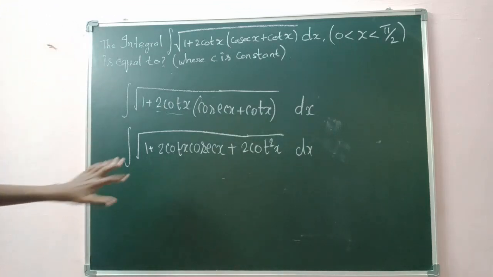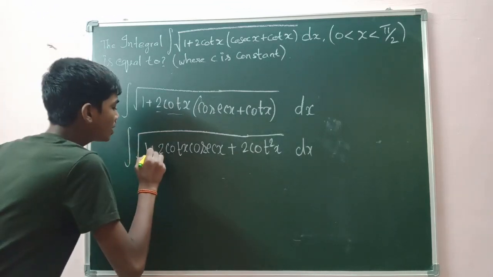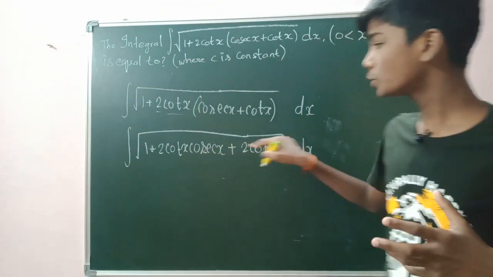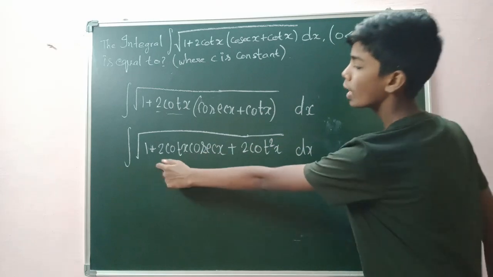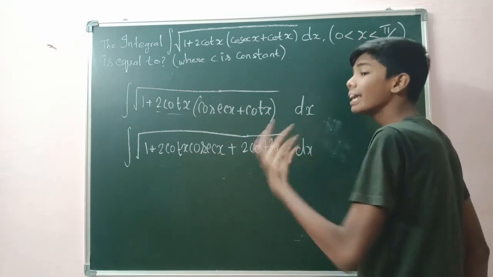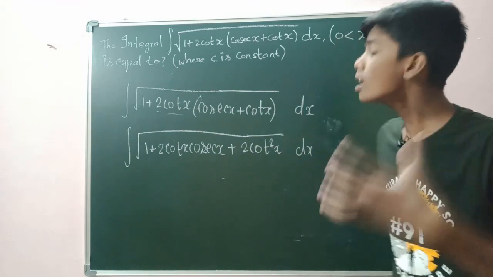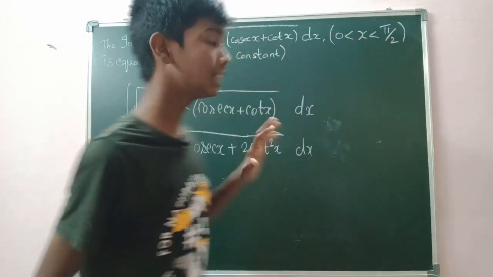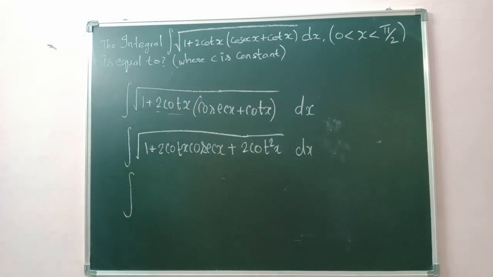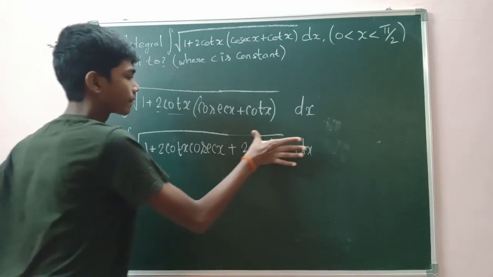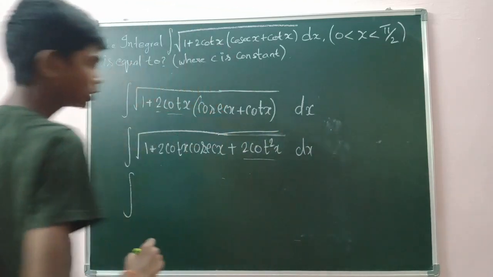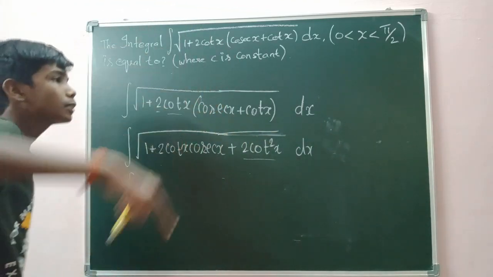So actually I multiplied your 2 cot x inside the bracket such that this expression is left, that is, 1 plus 2 cot x cosecant x plus 2 cot square x, dx. Now after this, listen to me very carefully. This same integral I can write it as, tell me, can't I write this 2 cot square x as cot square x plus cot square x?